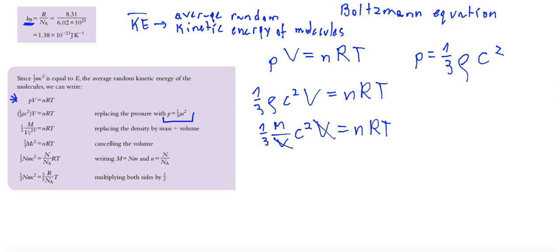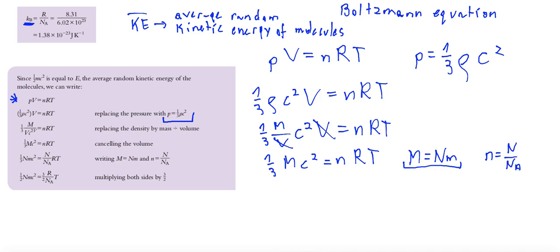Obtaining 1/3 mass times c squared is equal to nRT. Now we can substitute that the mass is the number of molecules times the mass of one molecule. This is first. And second, that the number of moles is the number of molecules divided by the Avogadro constant. This is second, you have to notice.